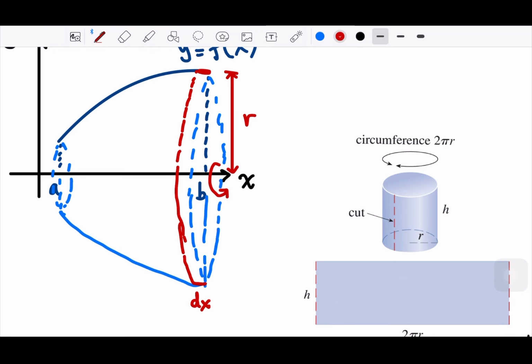We have the radius here for the circle, and we have the height. We put the height on this side, and this side is the circumference of the circle, right? 2 pi r. So what's the area? We just multiply these two.